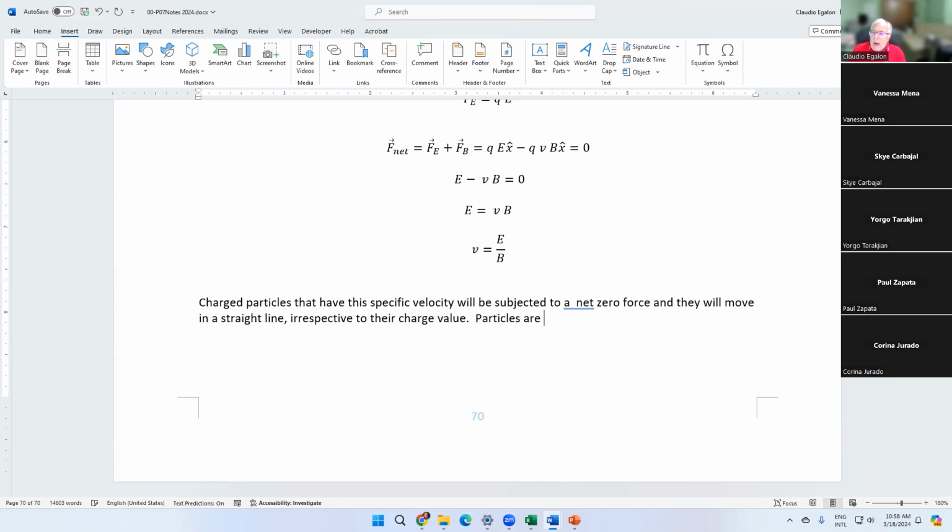Charged particles are undeflected, provided their speed is the same, and irrespective of their charge value.